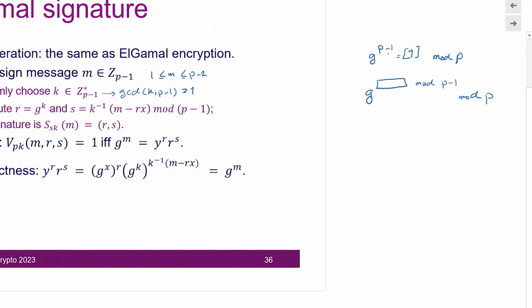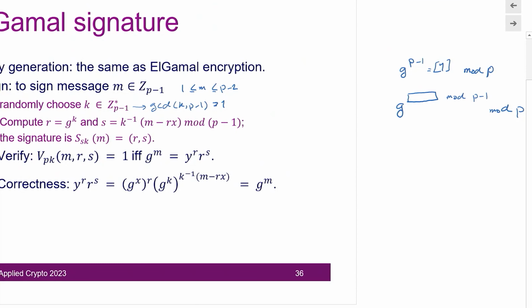Because if this value is very big, we can just do mod p minus 1, since anything that is a multiple of p minus 1 doesn't matter. This part over here, the whole thing would become 1. Therefore the range of these values should be from 0 to p minus 2. So that's how we do the computation on crypto.